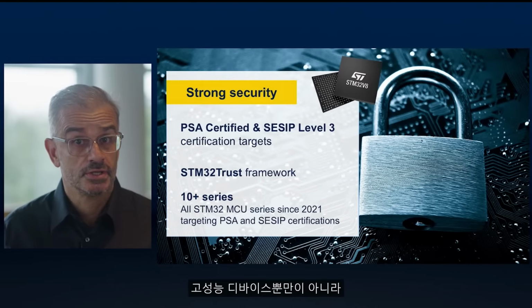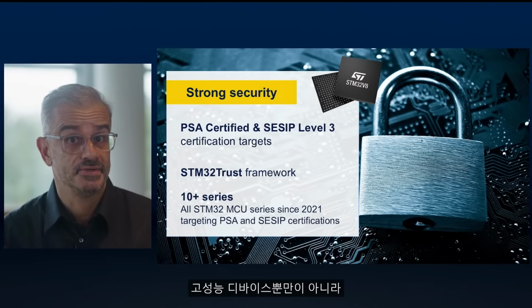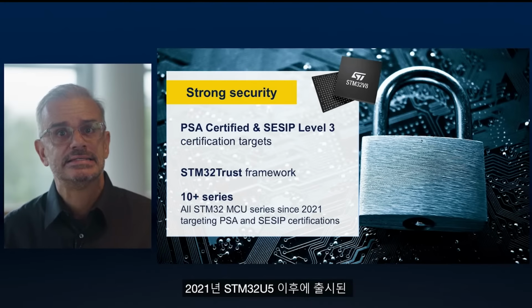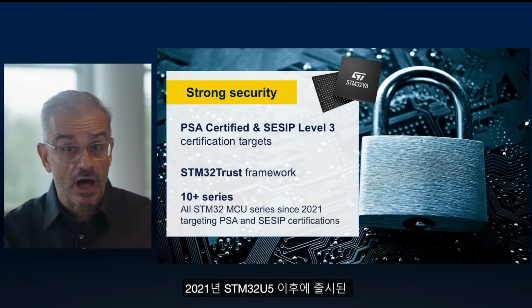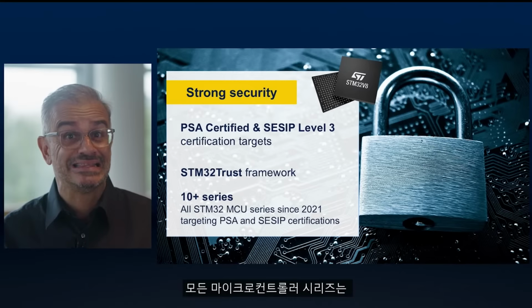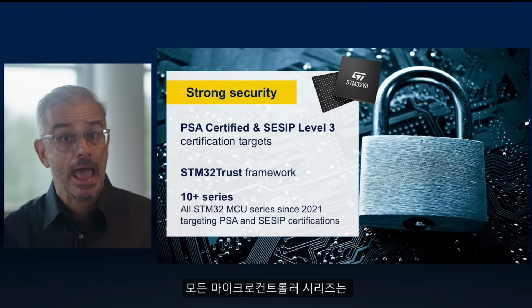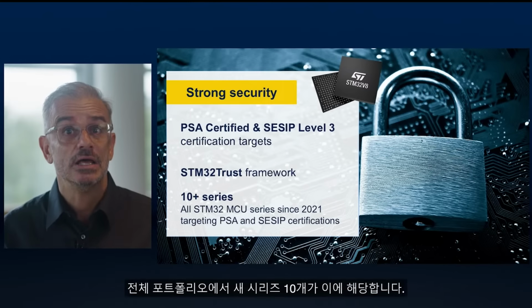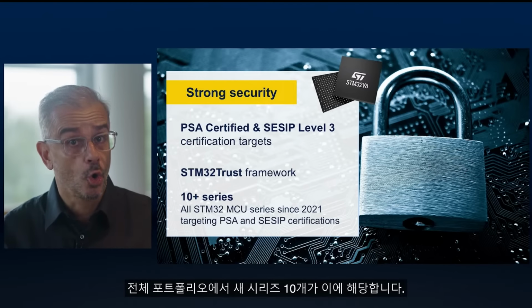And not just on our high-performance devices. Every microcontroller series released since the STM32U5 in 2021 can target the same CESIP and PSA certification. That is 10 new series across our complete portfolio.